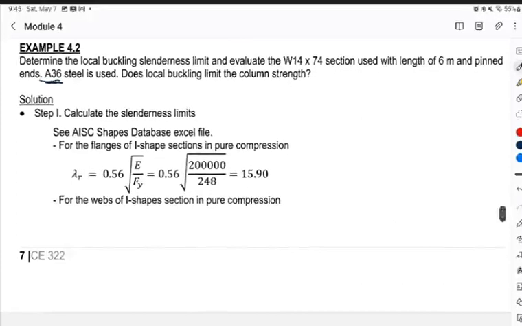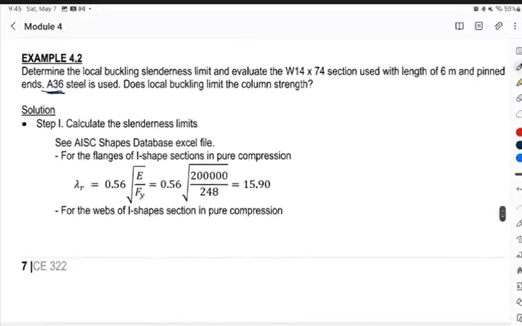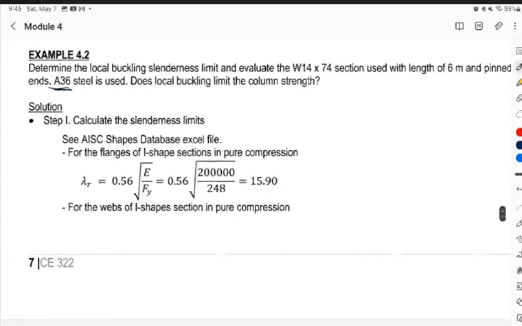We just evaluate if local buckling will limit the column strength. If it does, then it is not covered here. It might be covered in your higher structural design subjects. We will only cover here when flexural buckling limits the column strength.